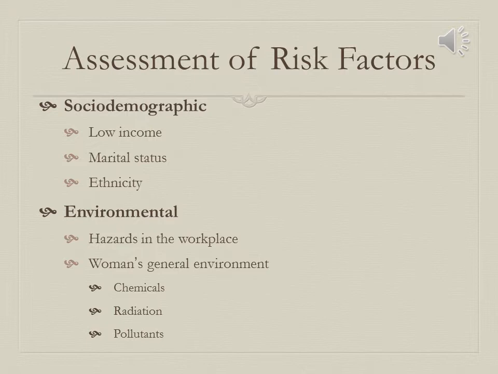On the other hand, your woman who is over 35 is considered advanced maternal age, and she has potential for genetic anomalies, chromosomal abnormalities, and the possibility of an increased birth interval. We talked earlier about a short birth interval being an issue, but imagine your advanced maternal age woman.